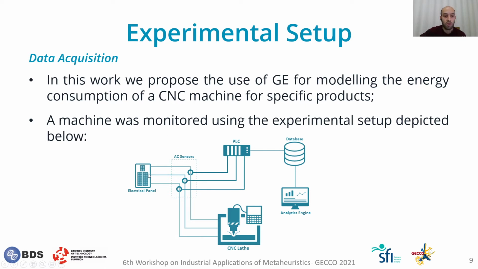We have the electrical panel supplying energy to the machine. We had AC sensors connected to a PLC, and this PLC sending the data to a database, from which we read this information and provided it to the analytics engine, which in this case is our GE algorithm.